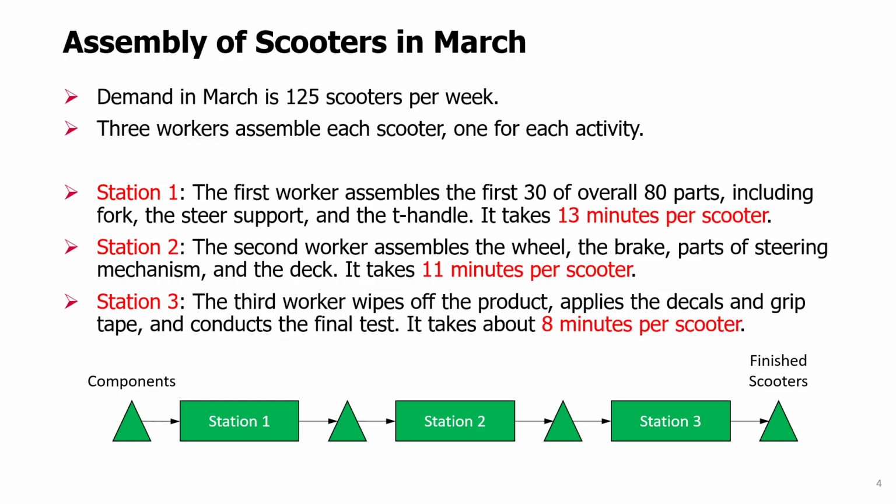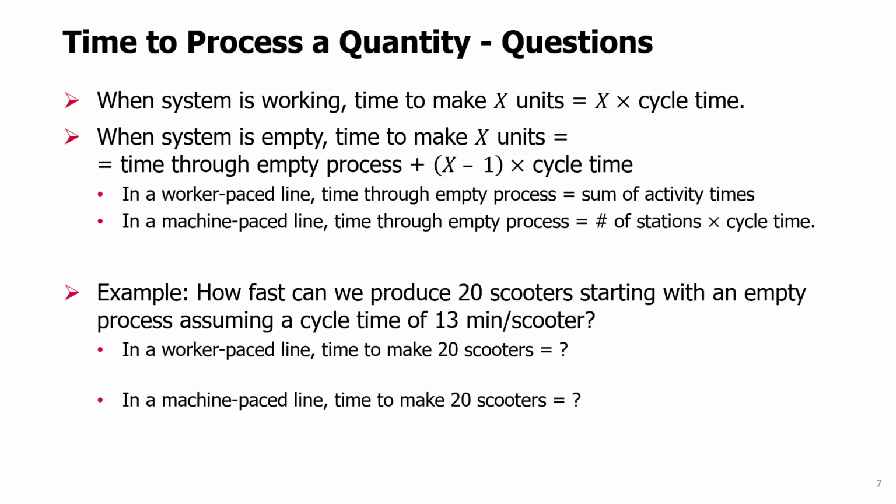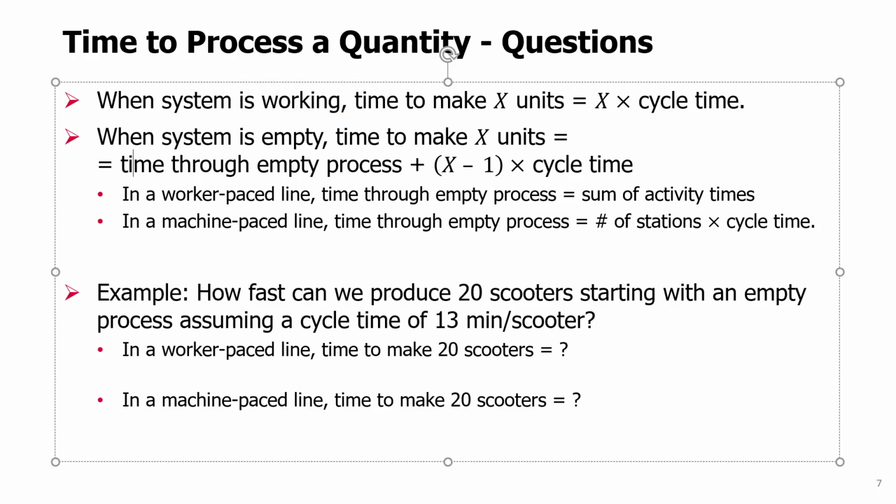Every station has a partially finished scooter on it. So if the system is empty, we need the time through empty process for the first scooter to be made, and cycle time for every unit after the first one. So X minus 1 times the cycle time will be the time for the remaining units.